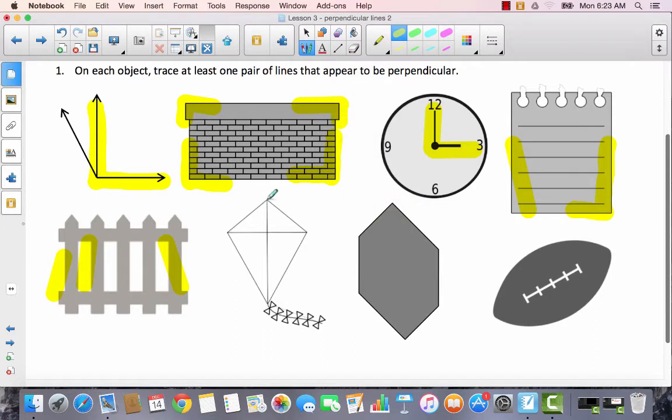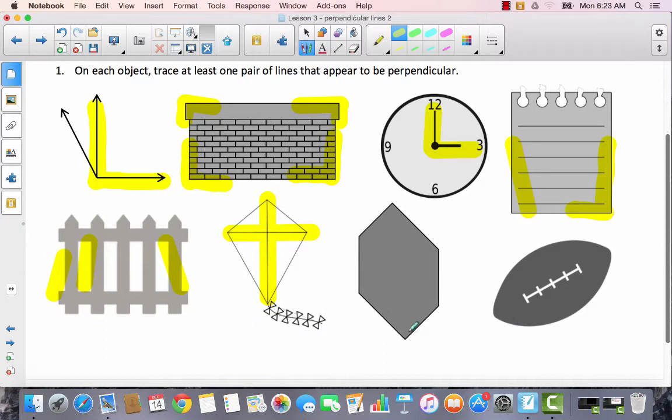Now on the kite, these create perpendicular lines. Now when I look sideways, these almost look like perpendicular lines, but if I put my right angle template in there, I'm pretty sure that these are actually obtuse angles. Now when I look at this one, at first, my first thought is I don't see any.